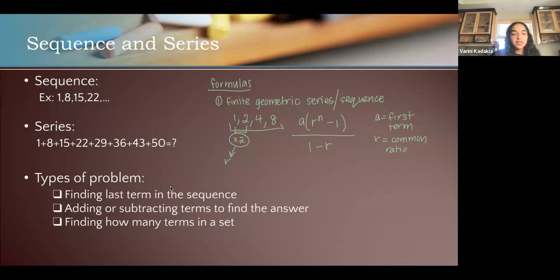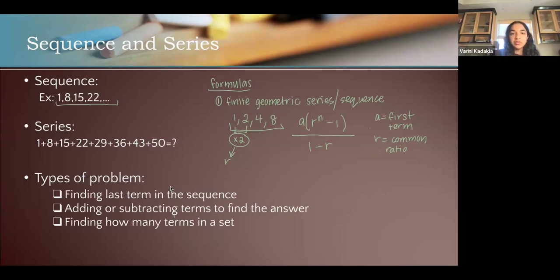So the definition of a sequence is basically a list of numbers. So this would be an example of a sequence. Oh, just finite? Okay, so what finite sequence means is that it ends.